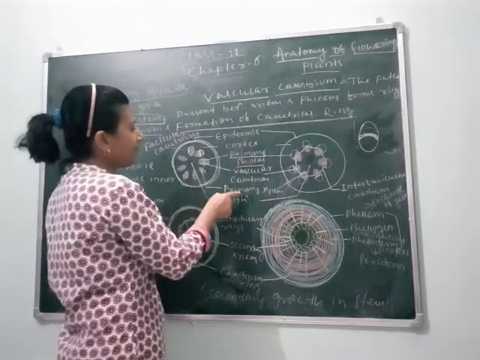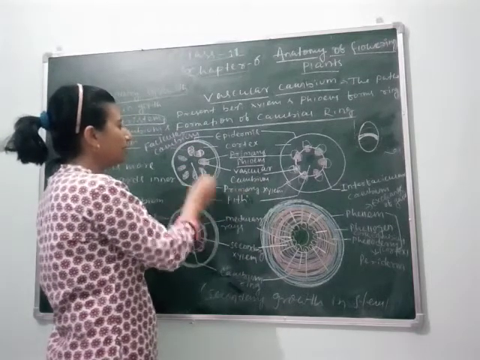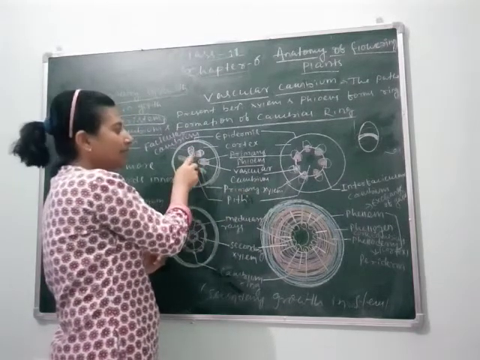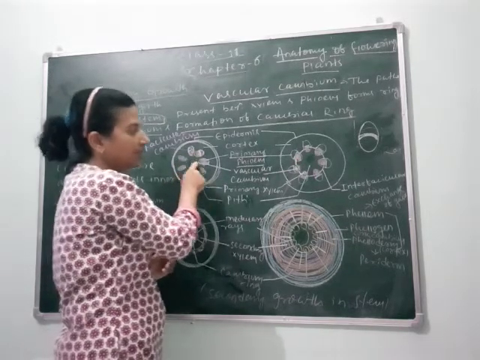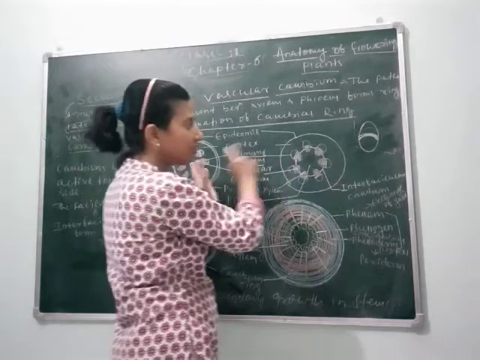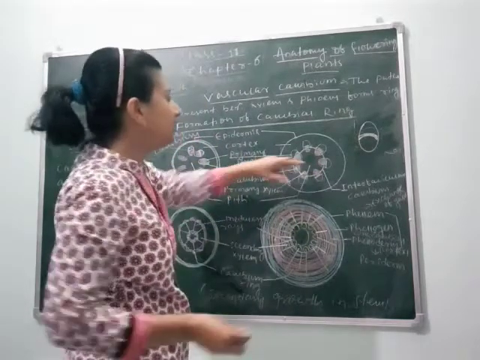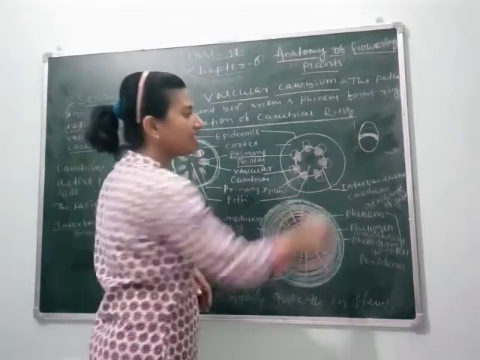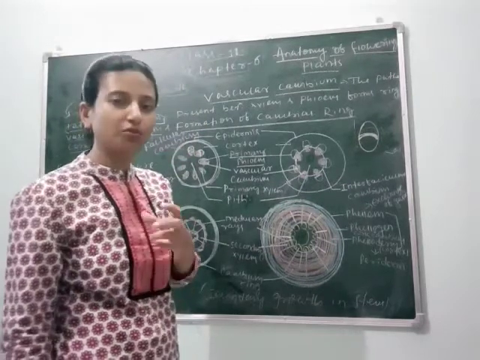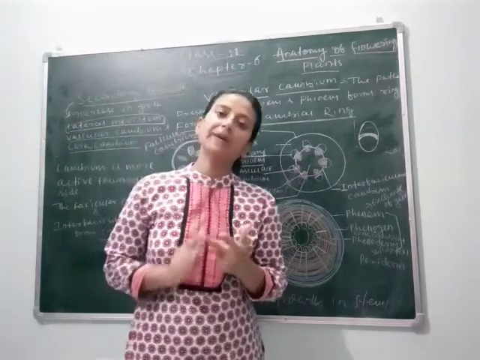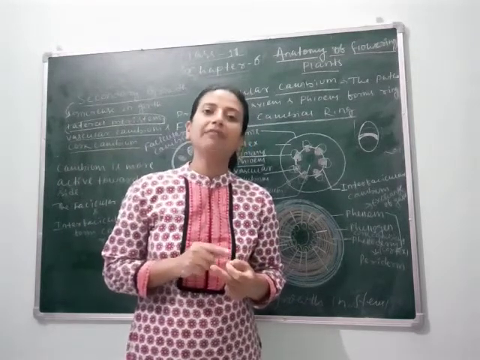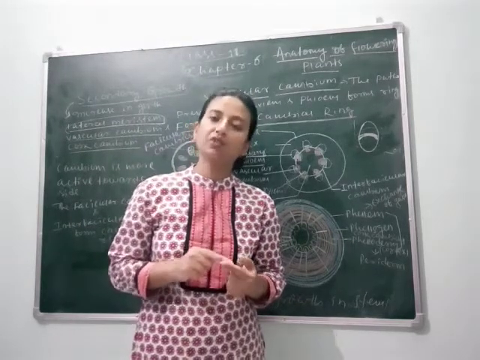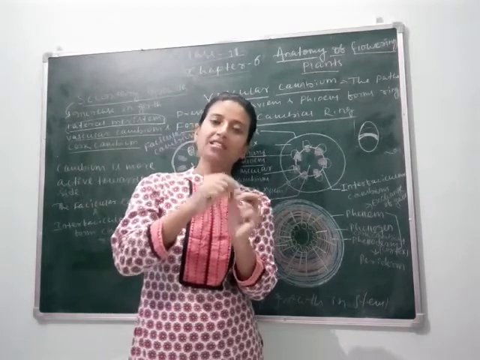Then it is primary xylem, and the central part of this stem is called pith. Here is the same diagram. The difference is that here a ring is formed, called interfascicular cambium. Students, remember what is fascicular, what is intrafascicular, and what is interfascicular. Fascicular is the ring which separates xylem from phloem.